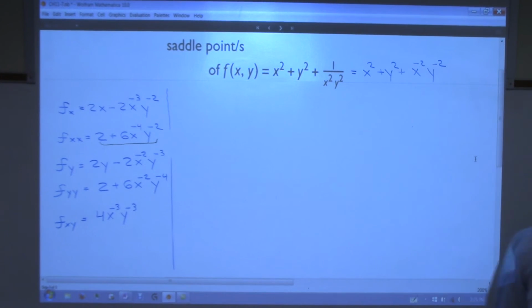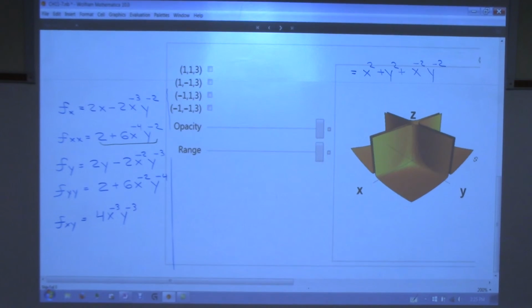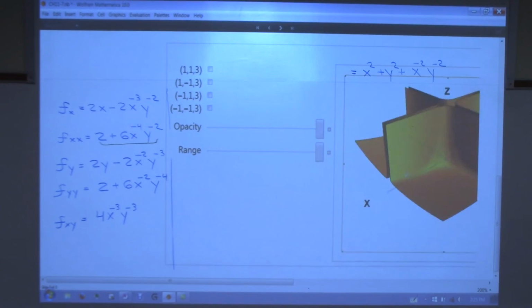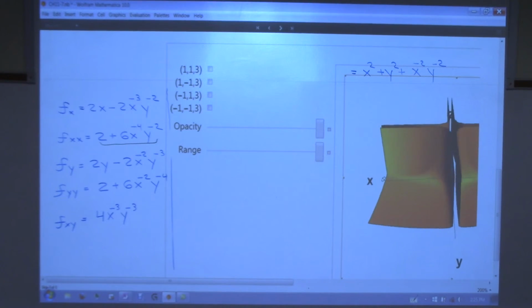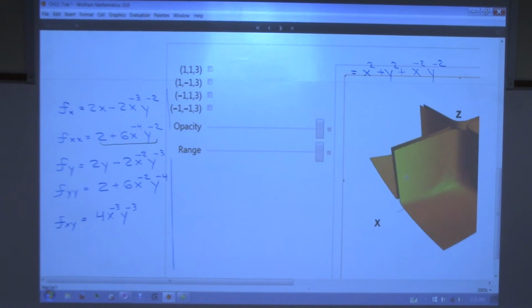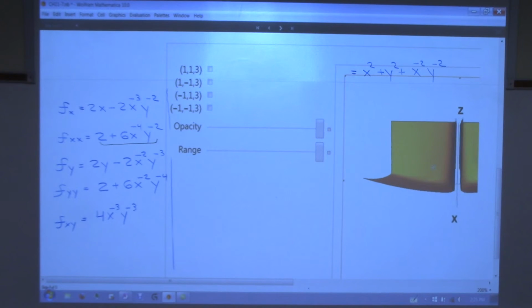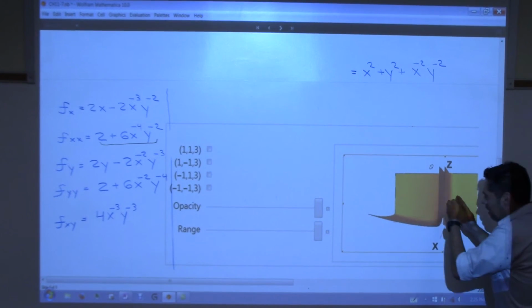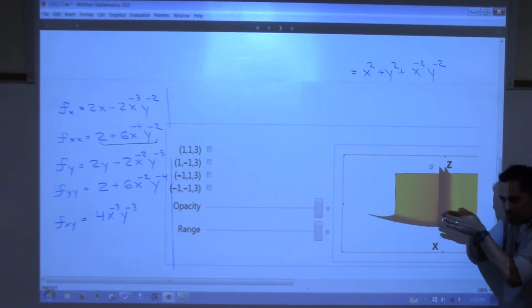This has got a pretty cool graph to it. I don't know why, but this graph, notice along the x-axis, if you look at it from the side like this, there's like this infinite hallway that you can go down, right? Down the x-axis.